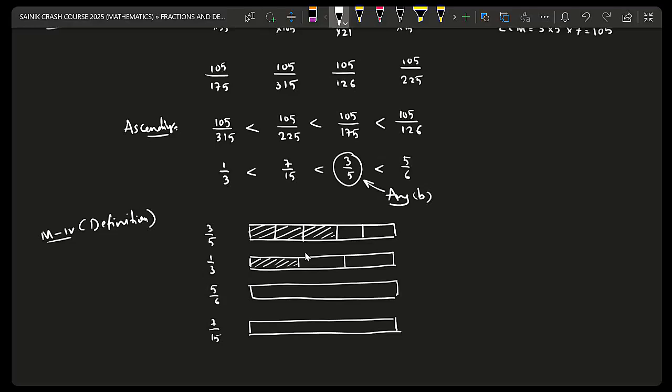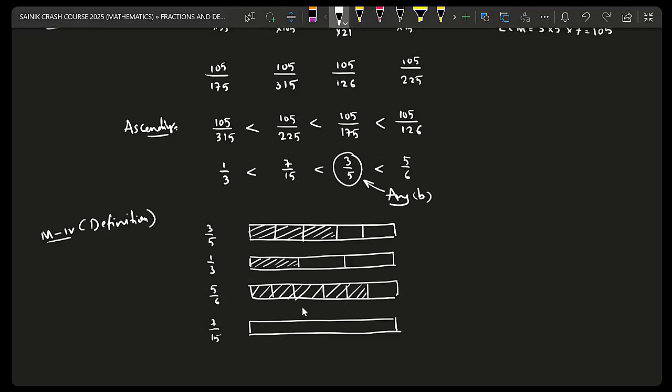Next, 5 by 6, how many equal parts are required? 6, sir. Okay, in this, how many are we going to shade? Sir, 5. 1, 2, 3, 4, 5.